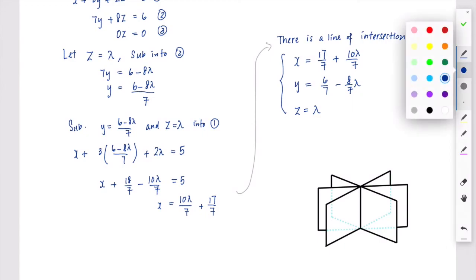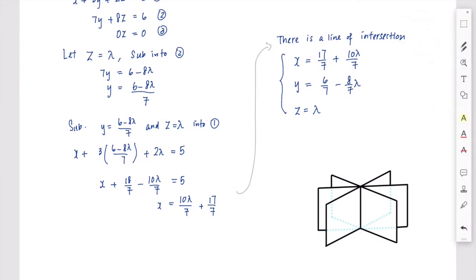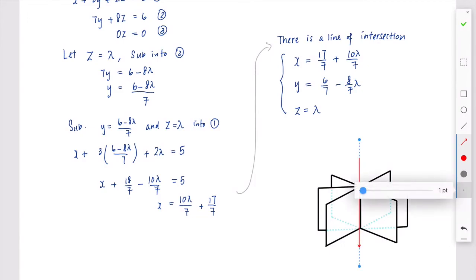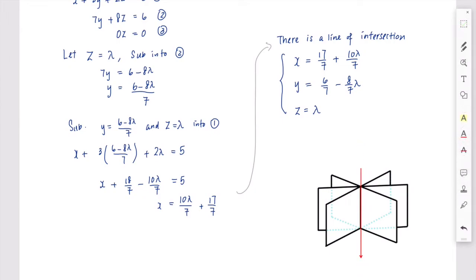Then let's put the line in. The three planes intersect in the middle, and the line would be sitting right there. Okay, so like that.